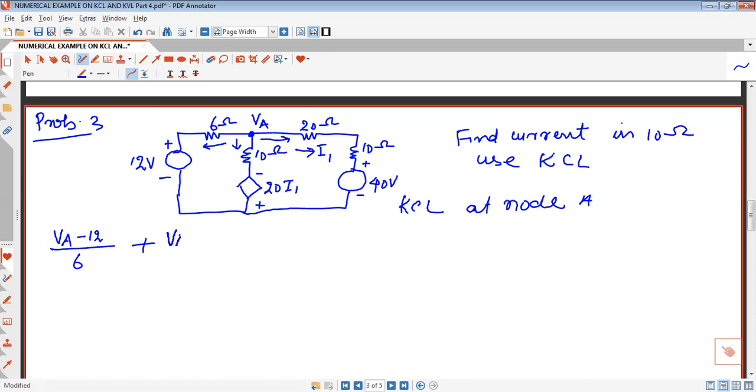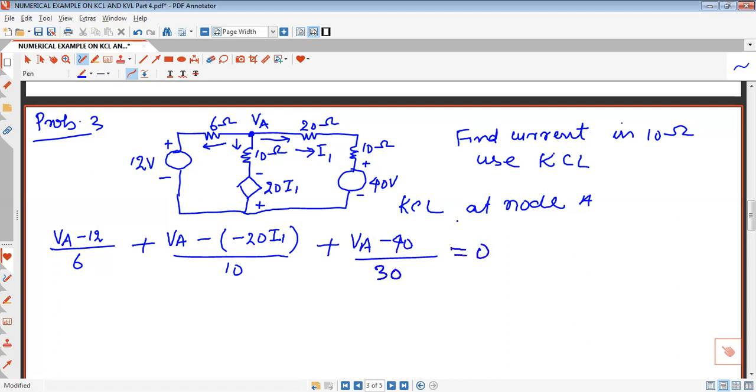The voltage is VA here, and minus of 20 I1 divided by 10, potential difference divided by resistance, Ohm's law, this is current, plus here VA minus 40 divided by 20 plus 10, 30, equal to 0. This is Kirchhoff current law.